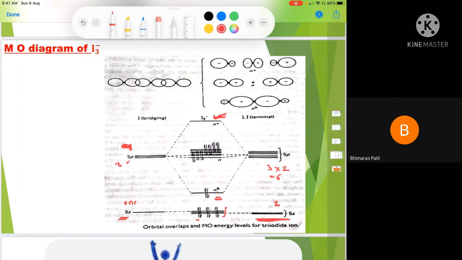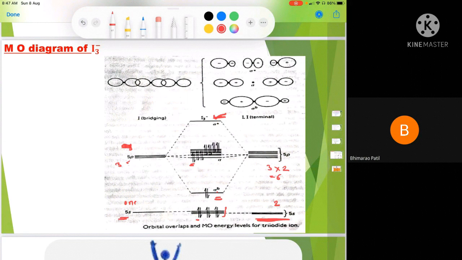Then next, another p atomic orbital from the terminal combines with one of the 5p atomic orbitals of the bridging iodine. Then that forms another bonding molecular orbital, that is sigma 1.